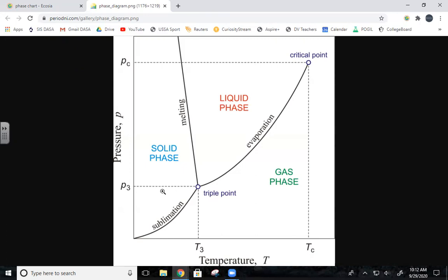It's about 0.01 atmospheres, about 1% the amount of pressure that we experience here on Earth. So it's all the way down here, okay? Even though it is negative 50 degrees outside, it is enough for the water to be in a gas phase.